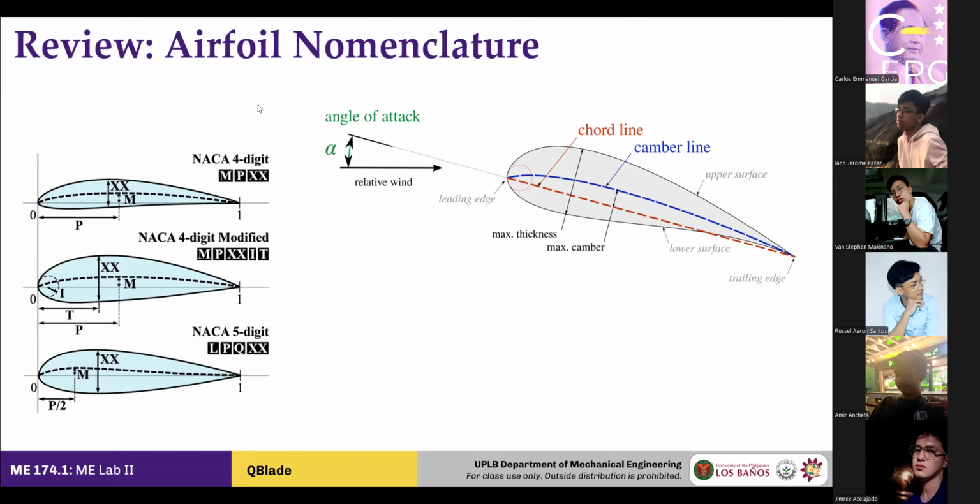So NACA and NASA ay technically sila, parang NASA evolved out of NACA. You can think of it that way. And they had this clever system of labeling airfoils wherein kaya mo nang i-determine yung ilang characteristics out of the name itself. So, meron tayong iba-ibang systems. For now, we'll be just using the 4-digit terminology for NACA.